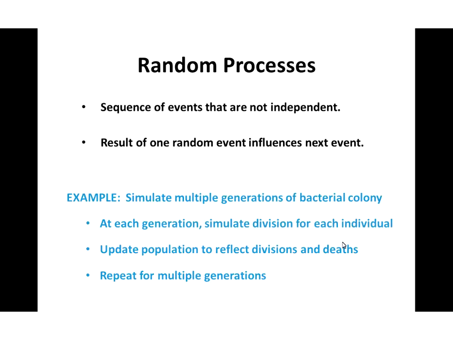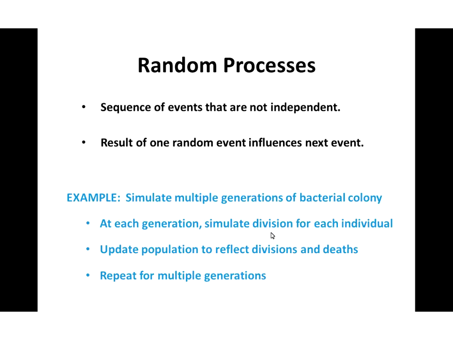But one simple one that we'll look at here is to continue with this bacteria colony example. And in this case, what we're going to do is, rather than just simulating one division or one generation for this colony, we're going to simulate multiple generations of the bacterial colony. Now, at each generation, we can use the program that we've already created in order to simulate division for each individual in the population.